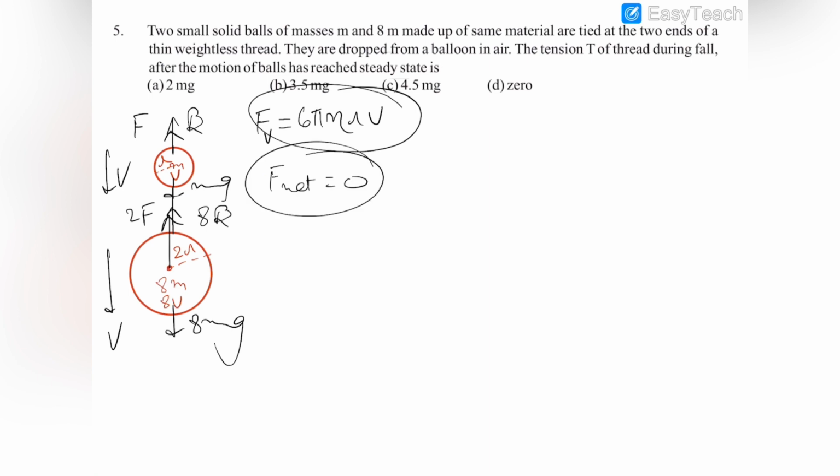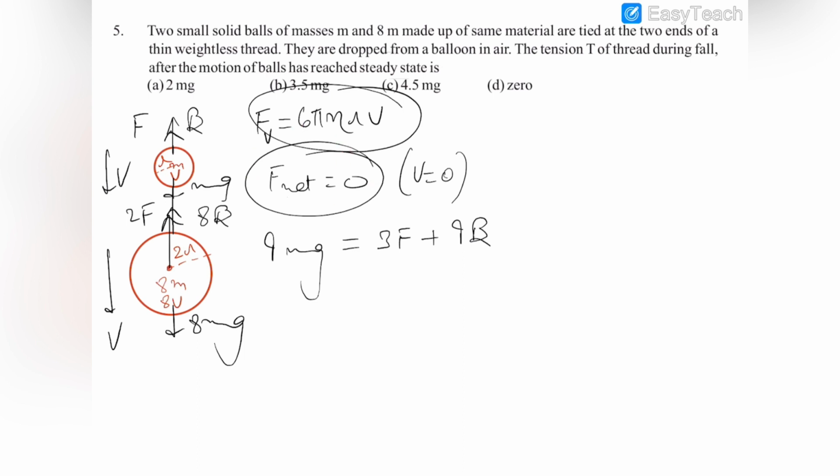So a total force of 9 mg, that is 3 mg, 6 mg, is acting in the downward direction, and a force of 3F is the total viscous, plus buoyancy is acting in the upward direction. And in steady state v is constant, therefore the net force will be 0.